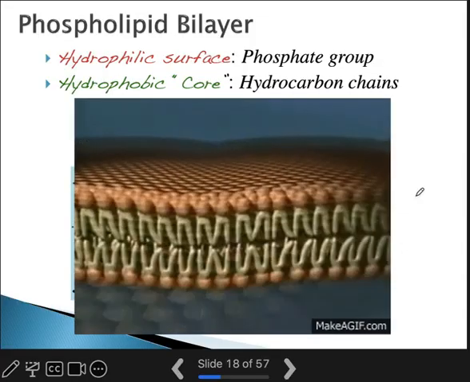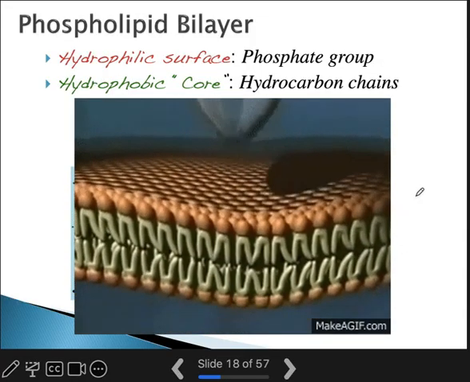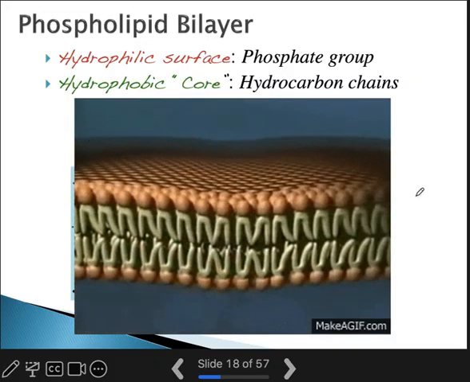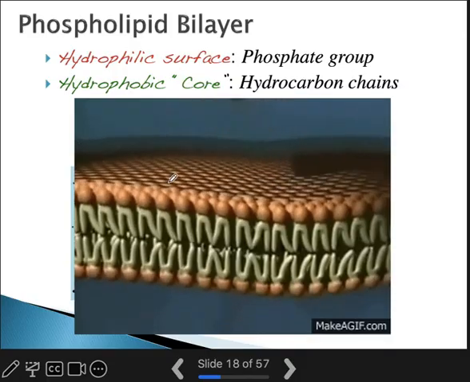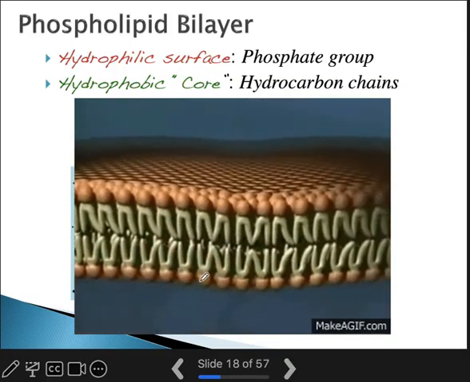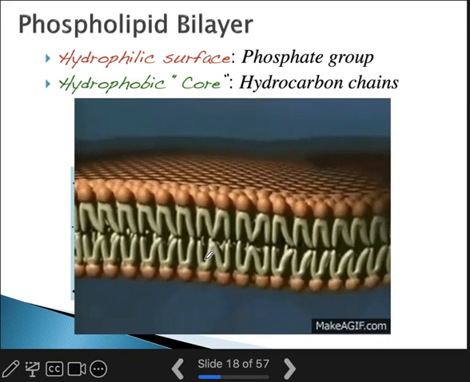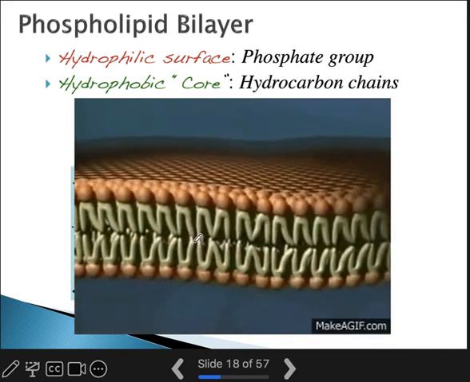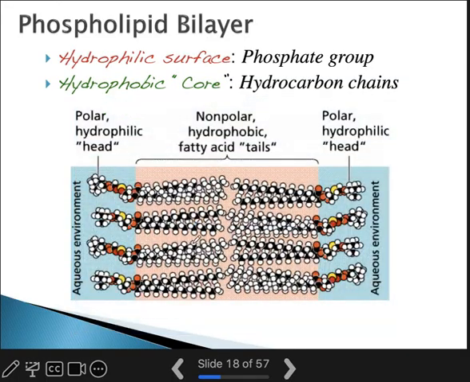So with that in mind, remember that the phospholipid bilayer self-assembles because of that amphipathic nature. So we're going to see that the polar head groups form the surface of the membrane, both the external and internal surface. And then the hydrocarbon fatty acid tails form this hydrophobic core. Remember that hydrophobic core is about 40 carbons long because these fatty acid chains are usually about 20 some carbons long.